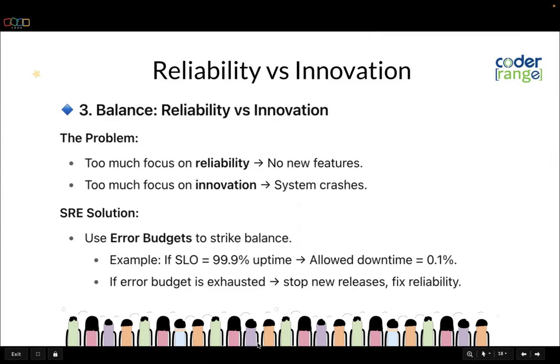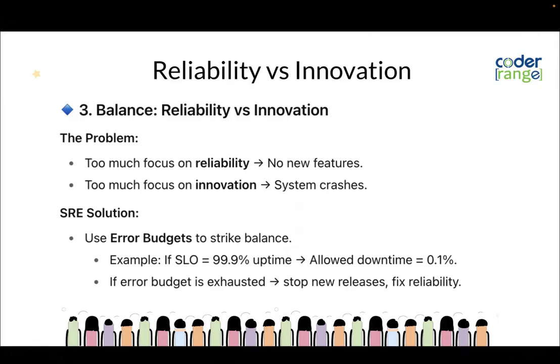The basic thing is that we are trying to focus on reliability as innovation, because in today's modern world, people are integrating a lot of features into the product. When they add new features, they focus a lot on innovation. But sometimes when new features are added, your system will behave differently, and because of a new feature, system crashes also happen.